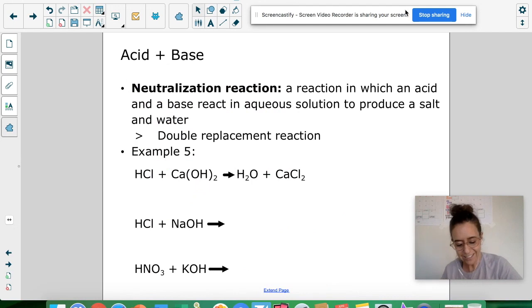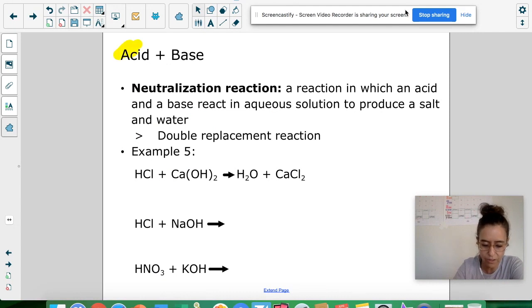And finally, the last type of reaction that we're gonna learn here is the acid plus base, super famous in chemistry, okay? So acid plus base, salt plus water, that is the result. It's called a neutralization reaction, okay? So it's a reaction in which an acid and a base react in aqueous solutions, and they always produce a salt plus water, okay?